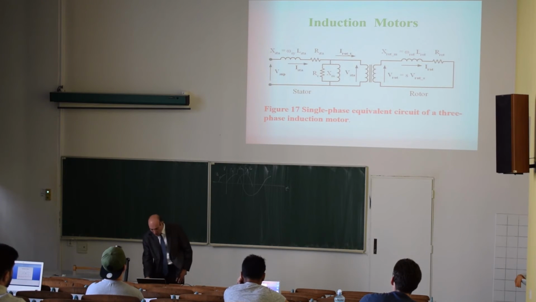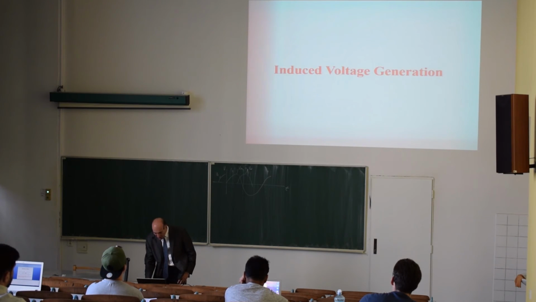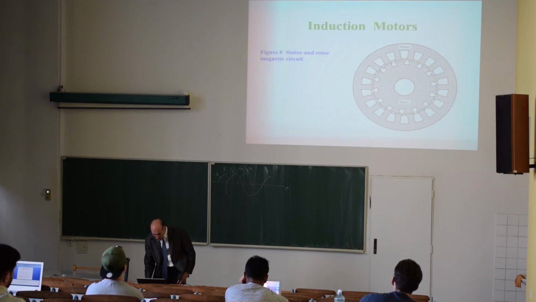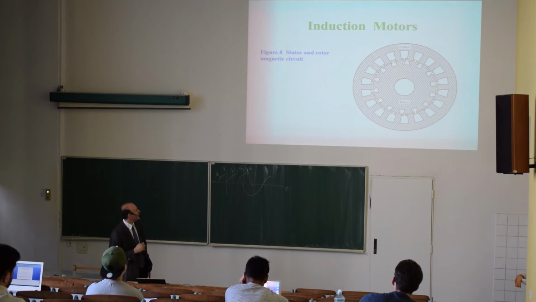And now, if I go back to the very beginning of my presentation here, I have a stator winding at this place, and I have a rotor winding at this place. So this is nothing else than a transformer.